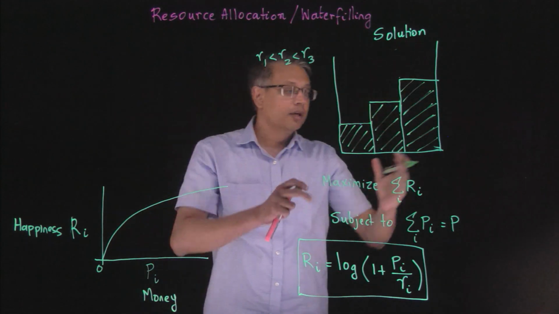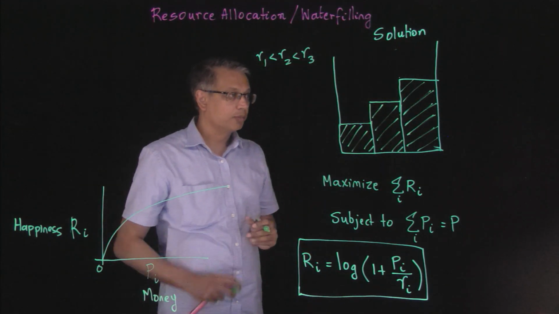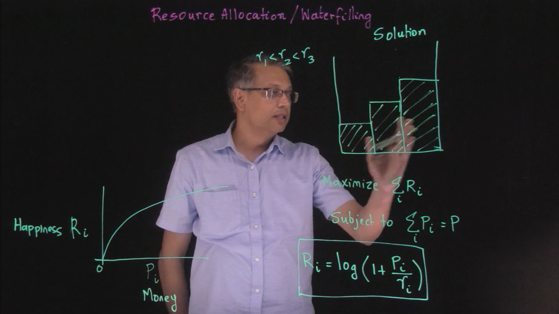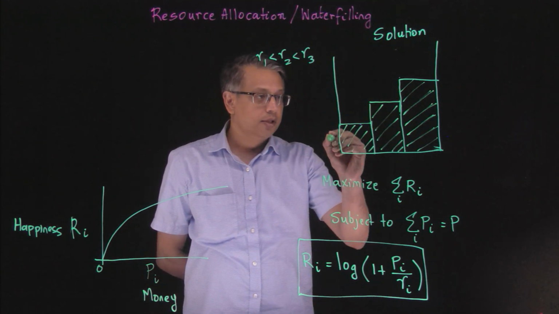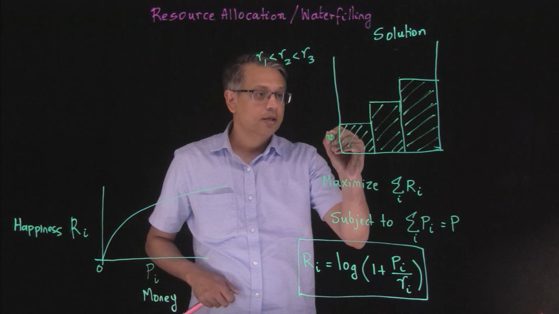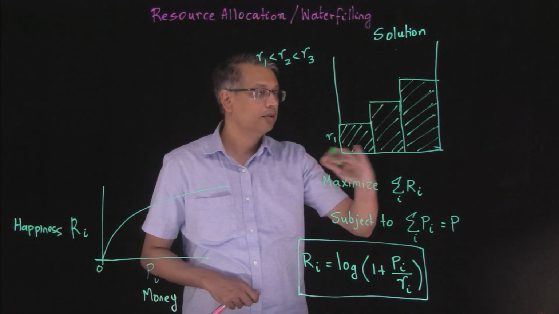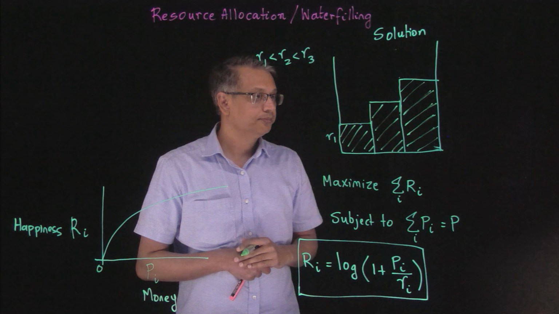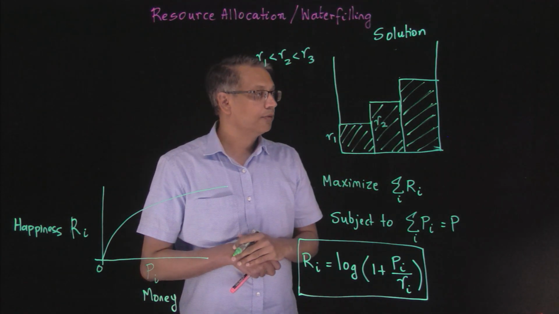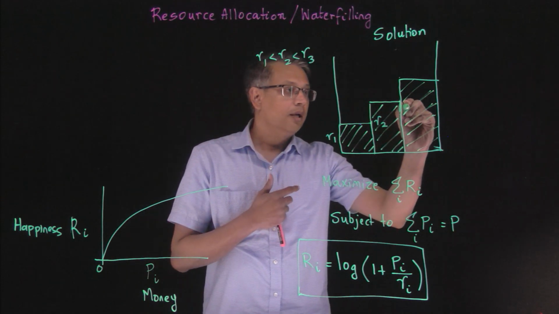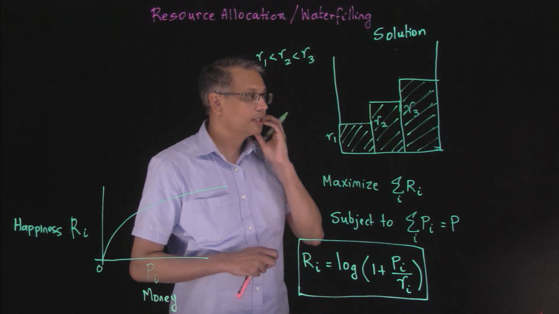And think of constructing a water tank. Suppose I construct a water tank which has 3 compartments. The floor in the first compartment of the water tank is at a height of gamma 1 from the bottom. And in the second compartment, the height of the floor is gamma 2, and the height of the floor in the third compartment is gamma 3.